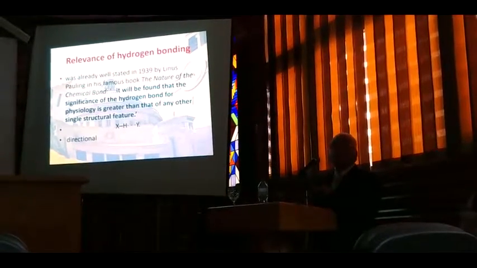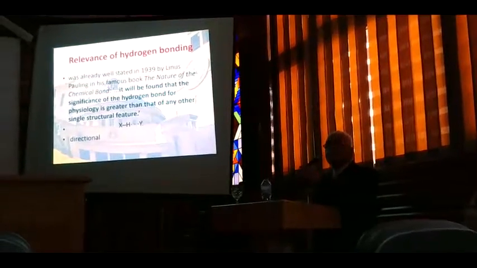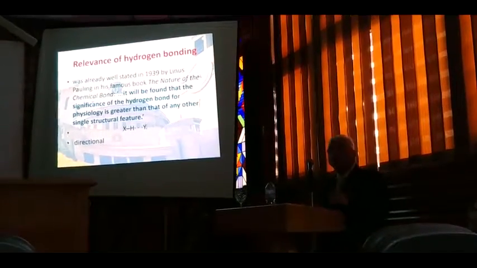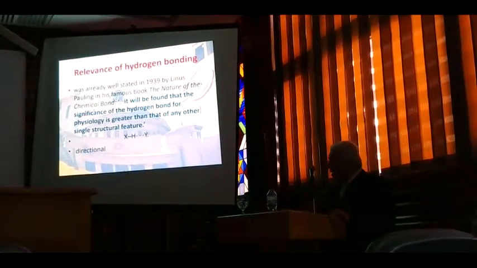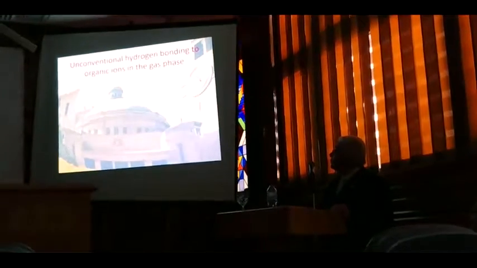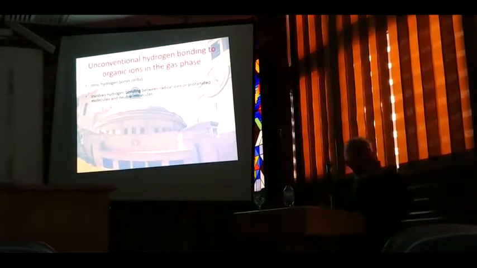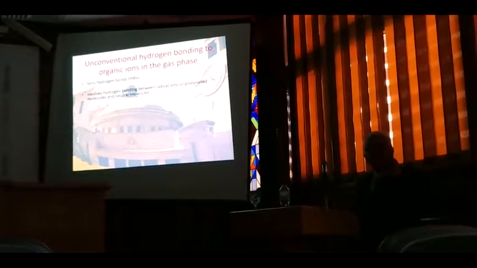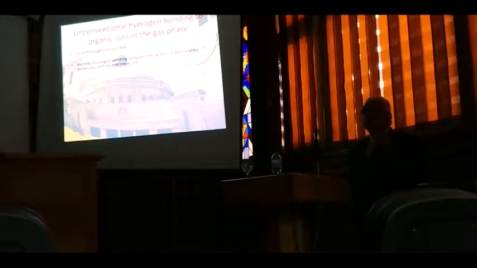But we are not talking about these conventional hydrogen bonds. We are talking about something else, called unconventional hydrogen bonds, ionic hydrogen bonds. These can be formed. We are interested in ionic hydrogen bonds involving carbon.